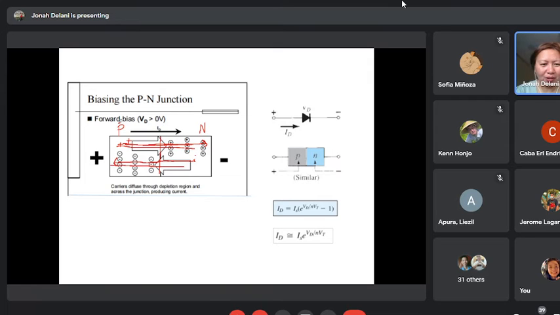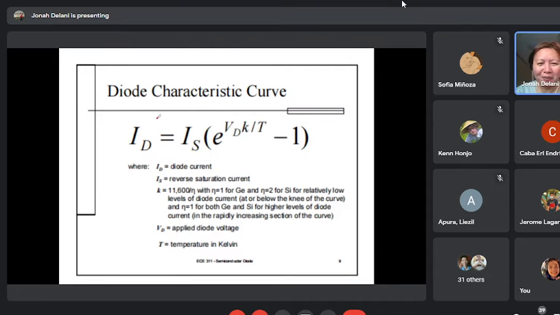So a diode, when the voltage is reversed, has no current. When the positive is placed on the P-type material and the negative on the N-type material, then there is current. I think that is the logic. That was a quick explanation.